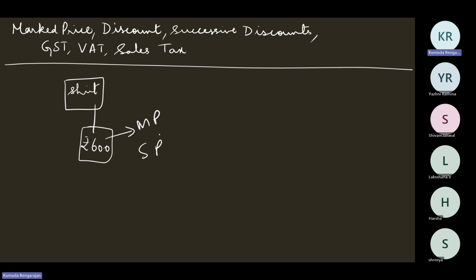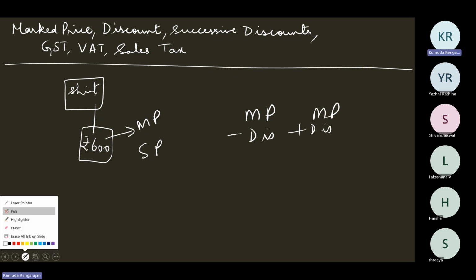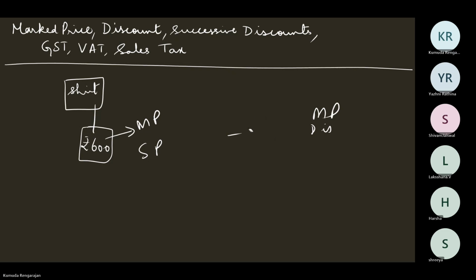If there is a discount, the value of that will be reduced from the marked price. Marked price minus the discount, because discount is a favor done to you, right? So it's not MP plus the discount. With a discount, the value of the shirt comes down. So MP minus discount.